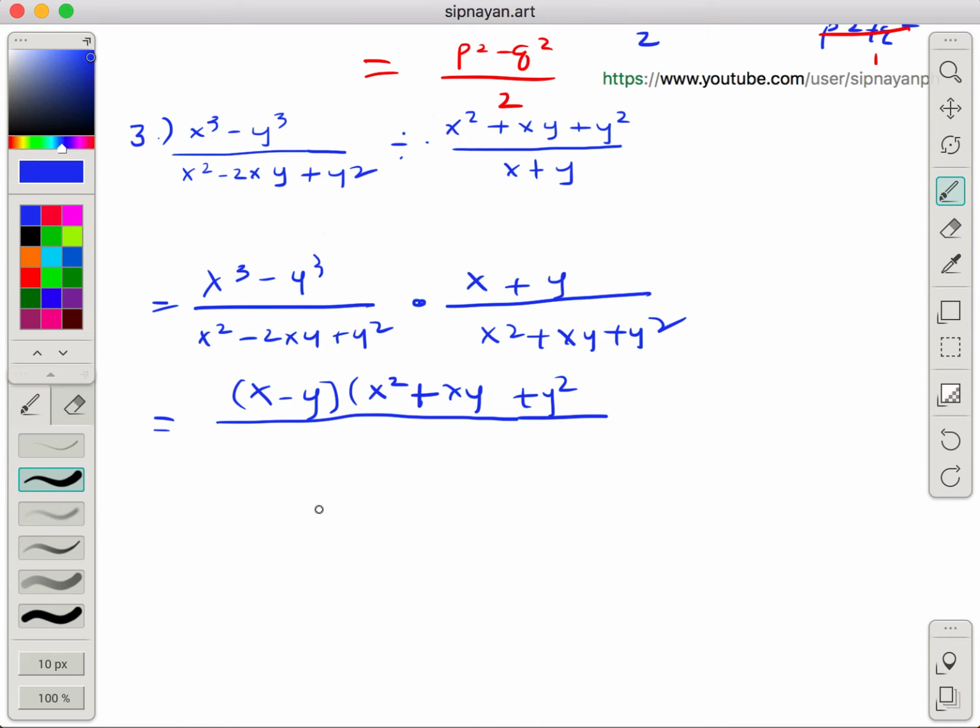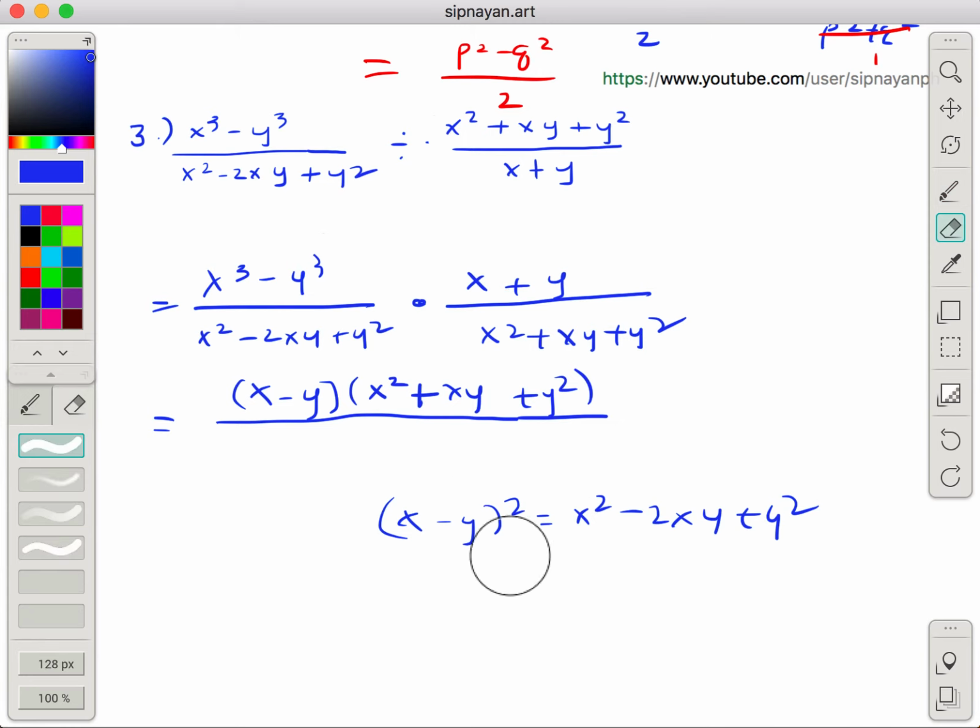So, parang napapansin nyo, pag nag-x minus y squared kayo, magiging x squared minus 2xy plus y squared. Anong pagkakaiba nila dito? Ito, merong minus, ito plus. Ito 2xy, ito xy. So, yun yung difference nila nung factor ng x minus y tsaka yung perfect square ng x minus y.